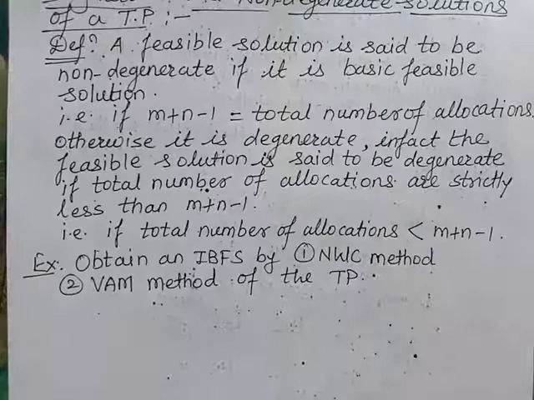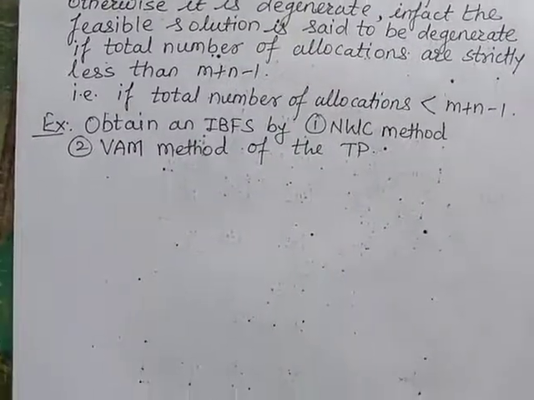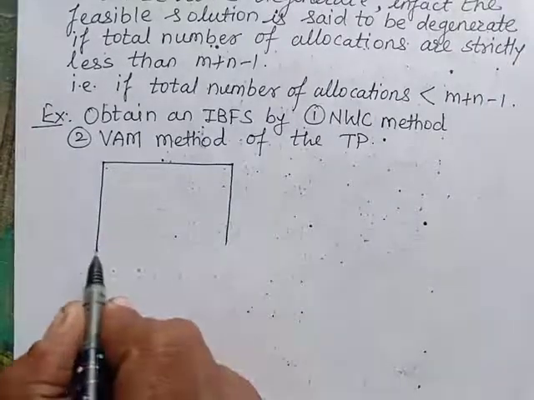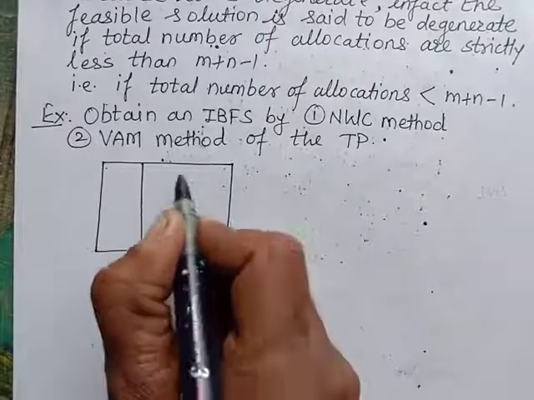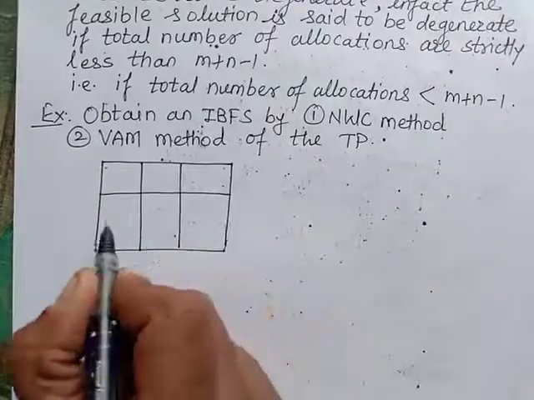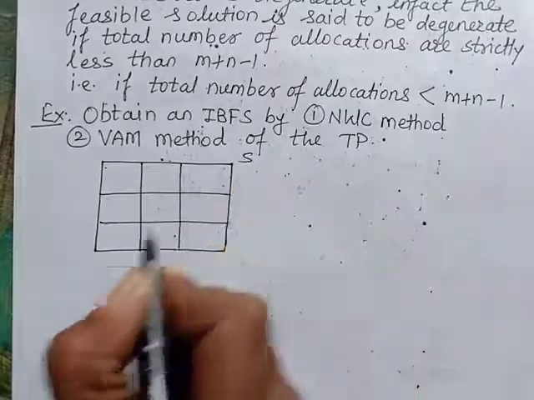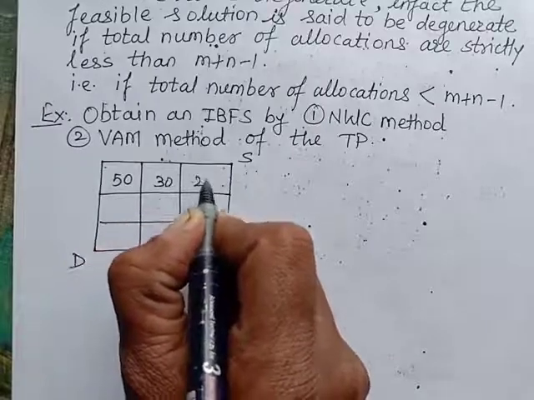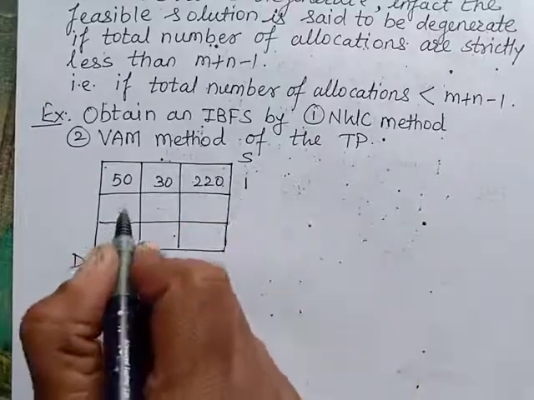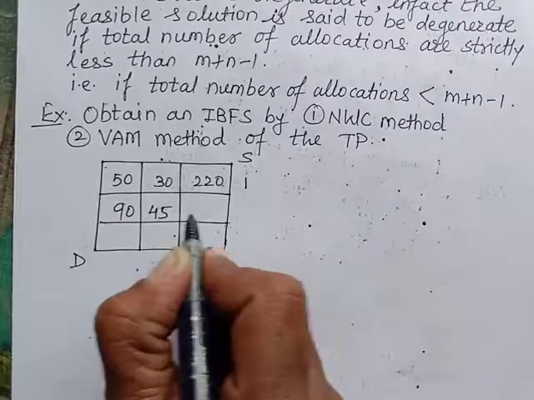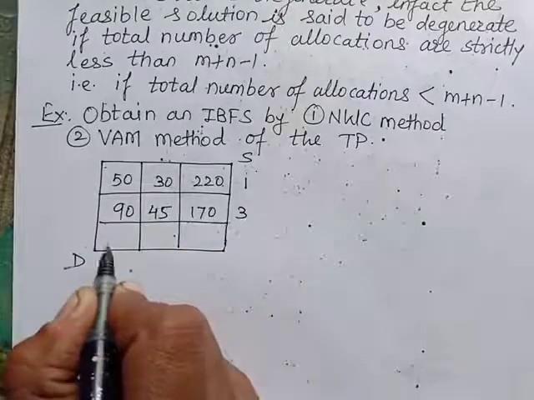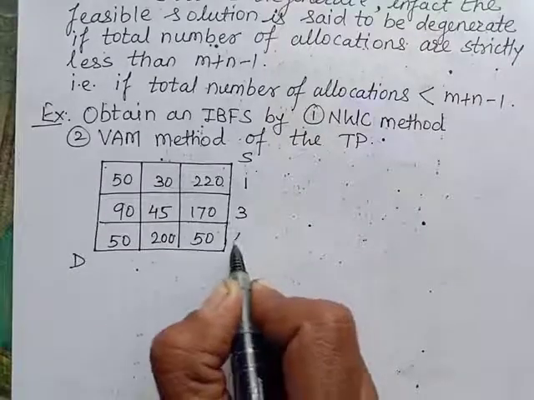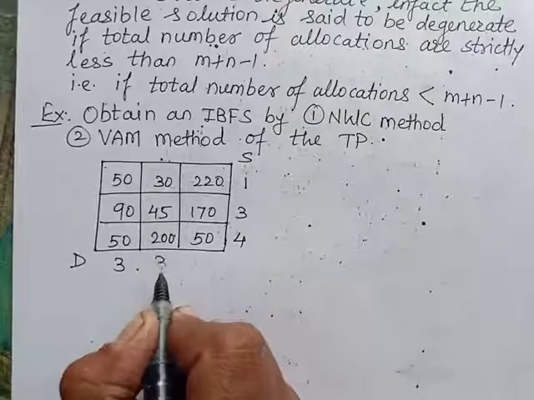Now the TP is given to us. Here supply, here demand, and the costs are given 50, 30, 220. Supply is 1 here, 90, 45 and 170. Supply is 3 here, 50, 200 and 50. Supply is 4 here, and the demands are 3, 3, 2.